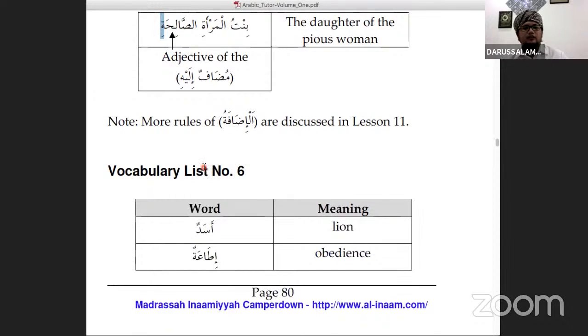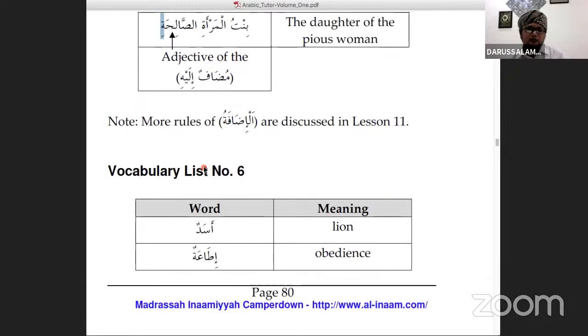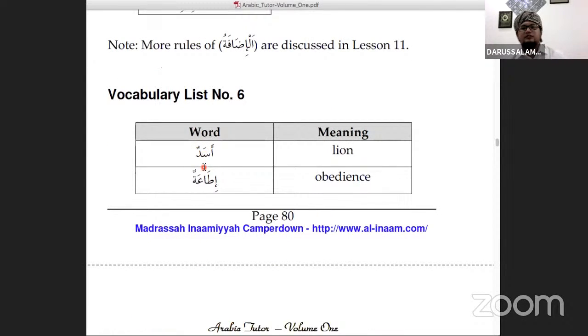More rules of idafah are discussed in lesson 11. Later we learn a bit more about idafah. For now, that's the basics of idafah. Easy, inshallah. Only two rules to remember.